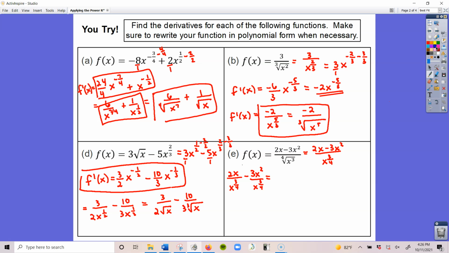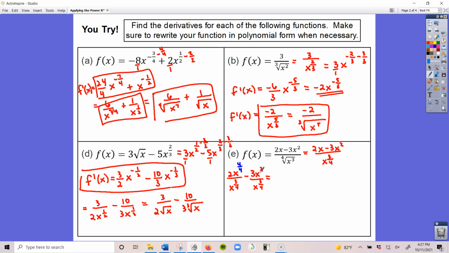So let's rewrite these exponents so that it's easy to subtract. For 2x, the exponent is 1, so I would need to do 1 minus 3 over 4. Again, because I need to do 1 minus 3 over 4, I can rewrite 1 as 4 over 4 so that it has the same denominator.